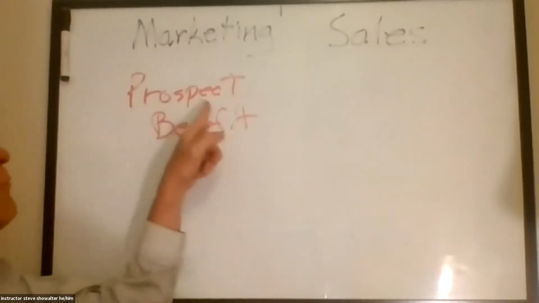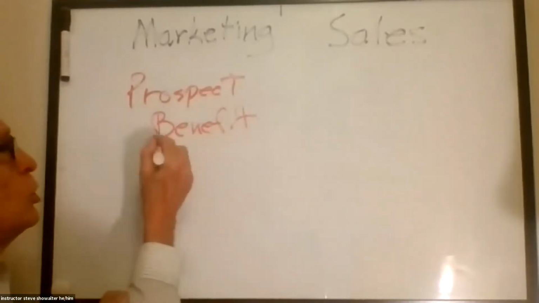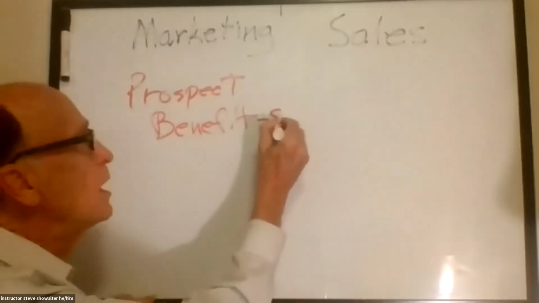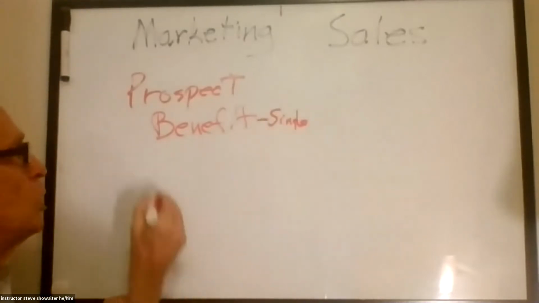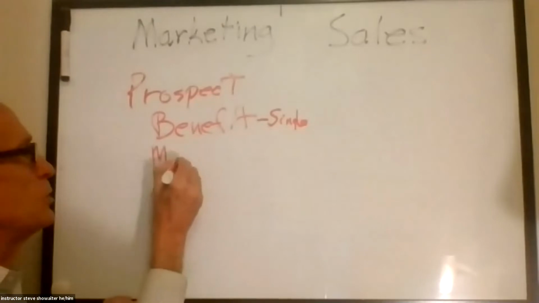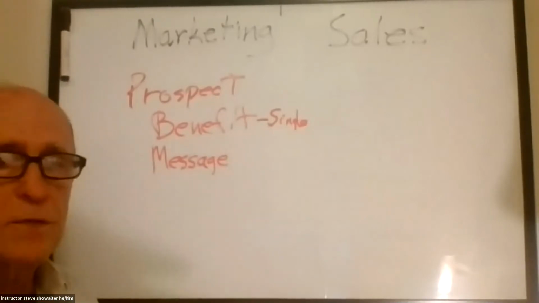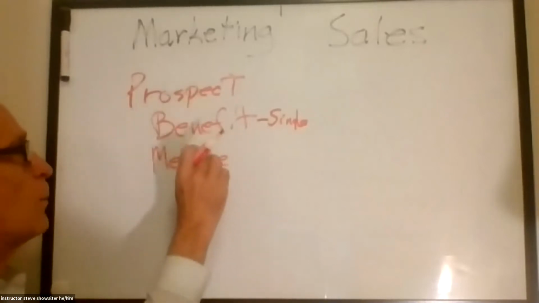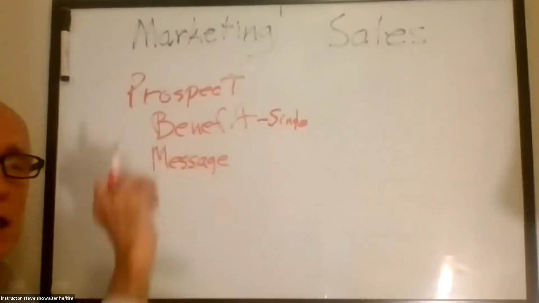So once you have prospects or potential customers in mind, you define the benefit you want. It's got to be a single benefit. And then you define a message for that benefit. The purpose of this is to have the prospect understand the benefit through this message and come to you.